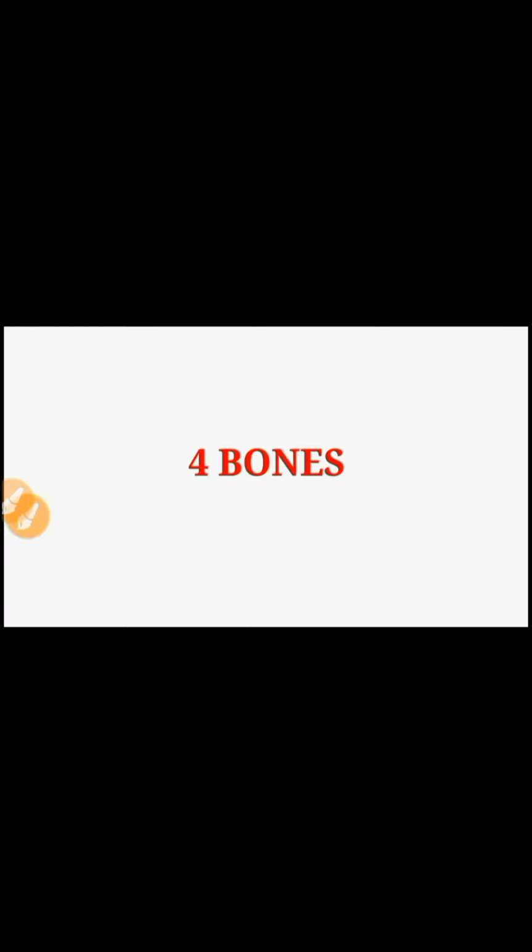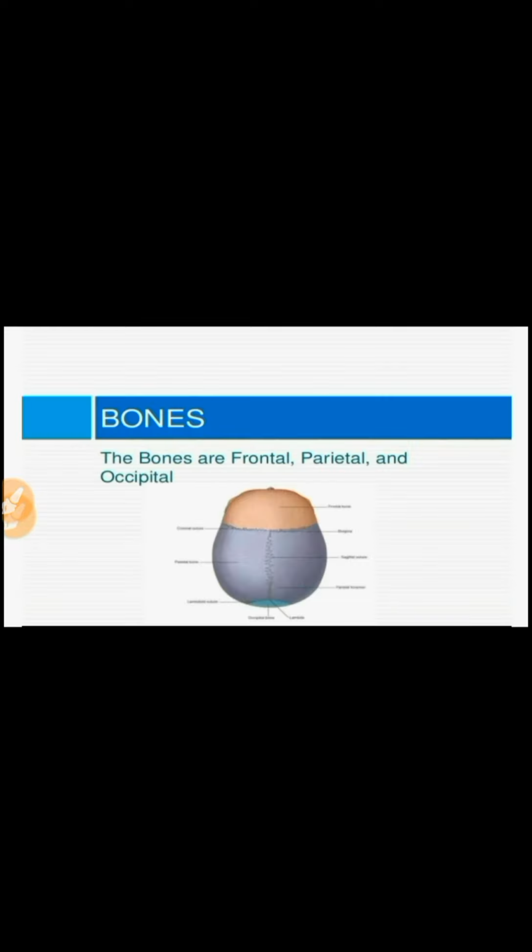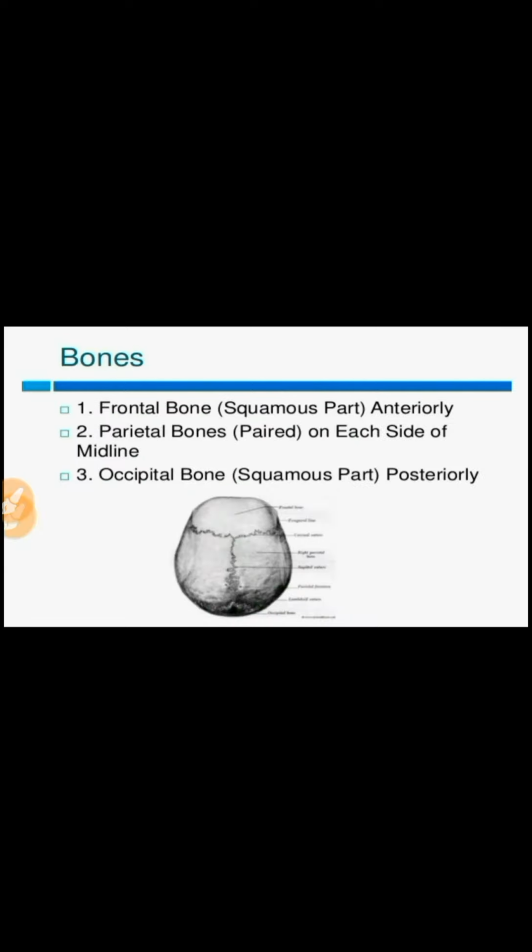So what are the 4 bones we are going to appreciate here? I request you to hold the dry skull in your hand and try to appreciate this in the norma verticalis view. The 4 bones are the frontal bone, a pair of parietal bones on each side, and the occipital bone posteriorly. You will see the squamous part of the frontal bone anteriorly, 2 parietal bones on each side of the midline, and the squamous part of the occipital bone posteriorly.